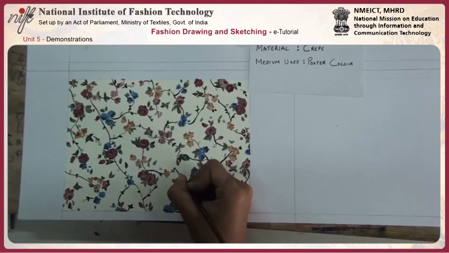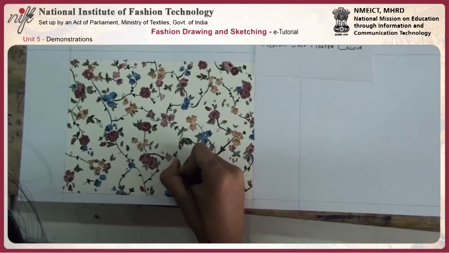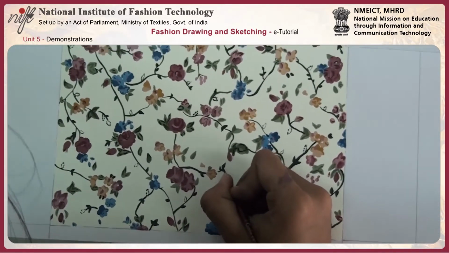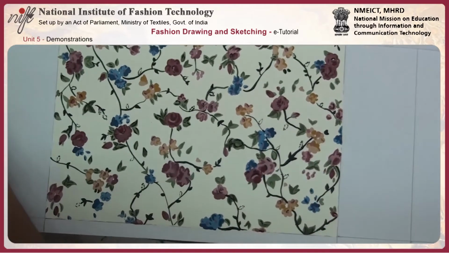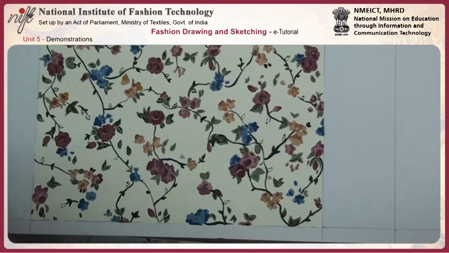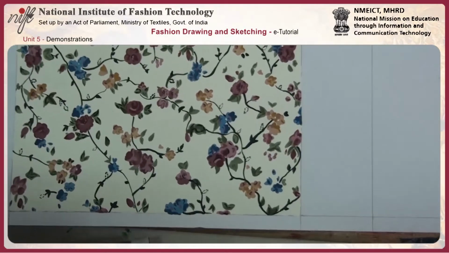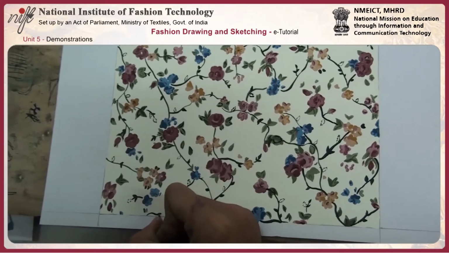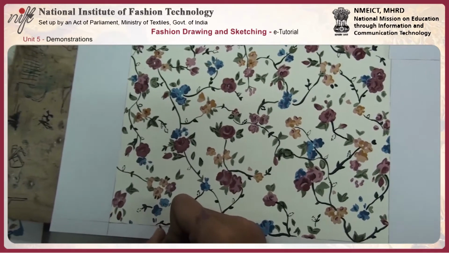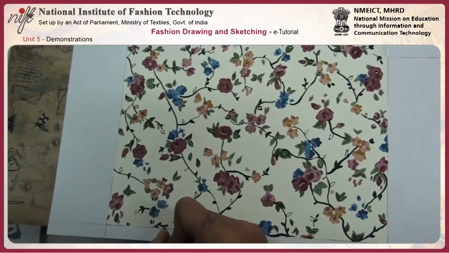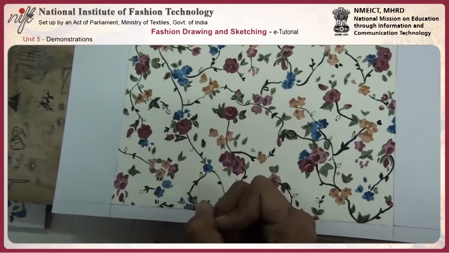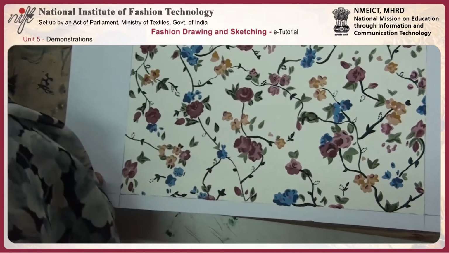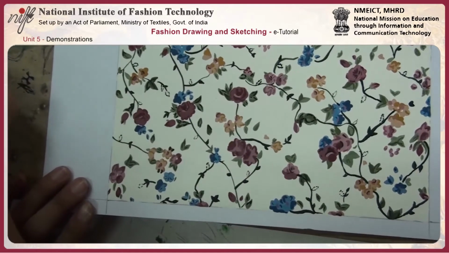Here you are watching the illustrator using poster colors to render a crepe fabric. Though the rendering looks very colorful, it must be noted here that while using poster colors, especially to render fabrics, a palette of colors is already chosen.